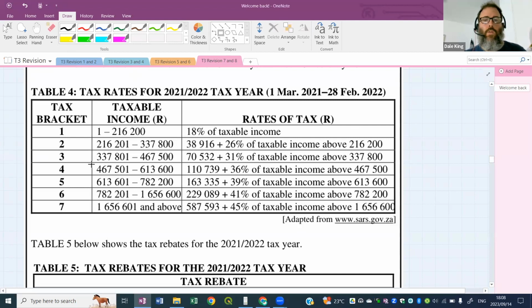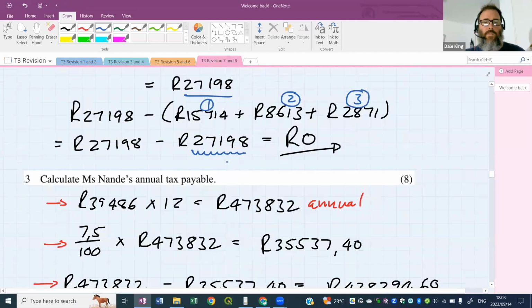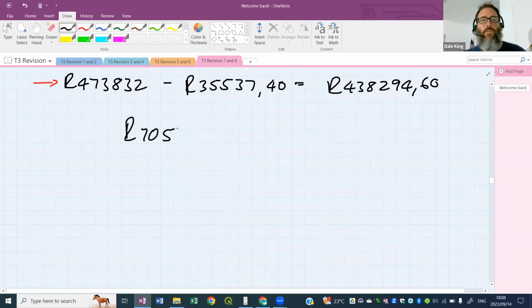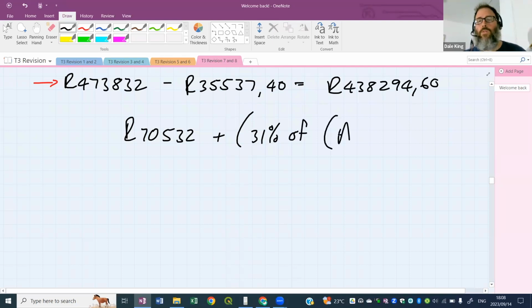So we need to work with this calculation here. I'm going to write this down at the bottom again. So it's 70,532 plus 31% of the amount above.